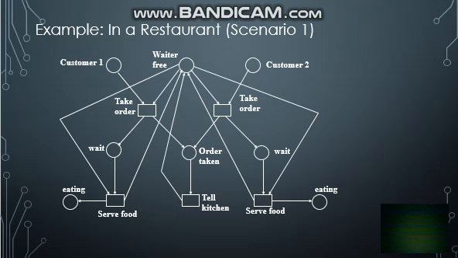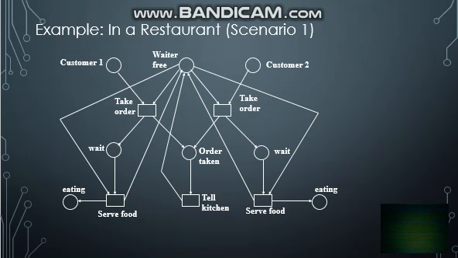The kitchen prepares it, and after that, the customer waits. Then the waiter serves the food, and after serving customer 1, the waiter takes the order from customer 2, and customer 2 waits while the waiter tells it to the kitchen. Then when the food is cooked, the waiter serves the food to customer 2.